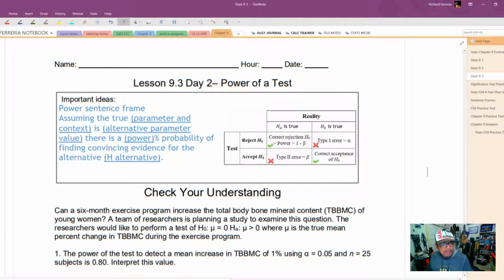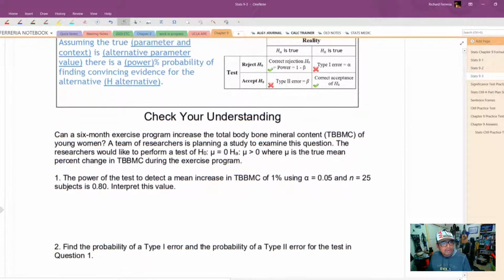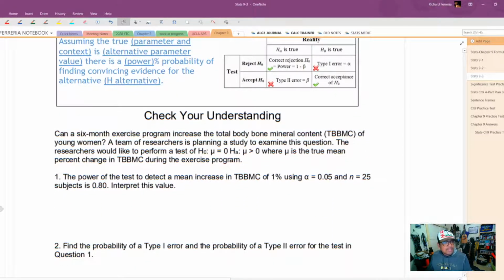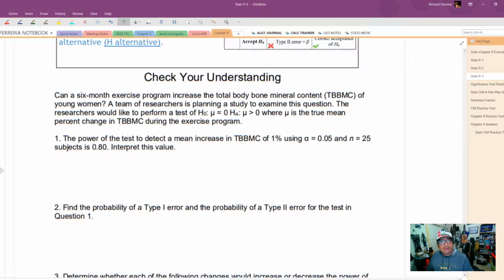And this brings us down to the last check your understanding here. We've got, can a 6-month exercise program increase total body bone mineral content, TBBMC, of young women? A team of researchers is planning to study this question.